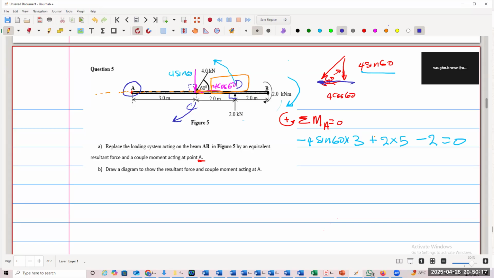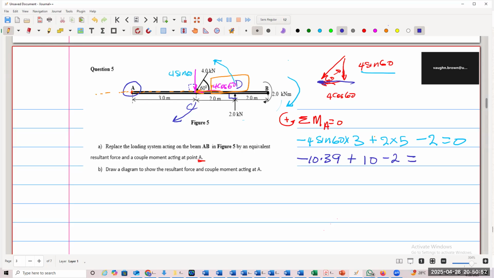All right, negative 4 times sine 60 times 3. So you should get minus 10.39, plus 2 times 5, that's 10, minus 2.